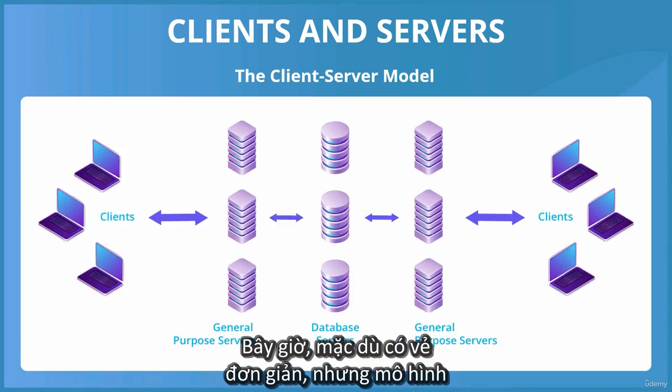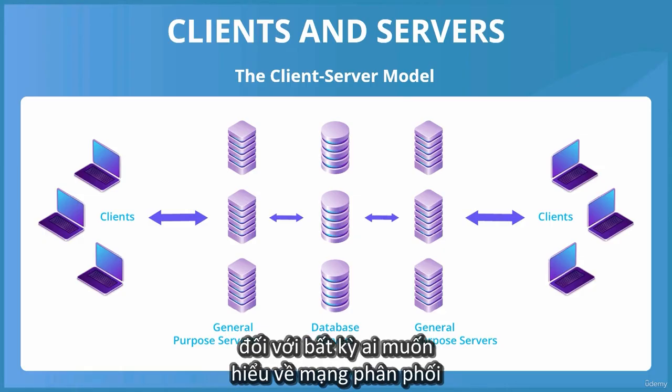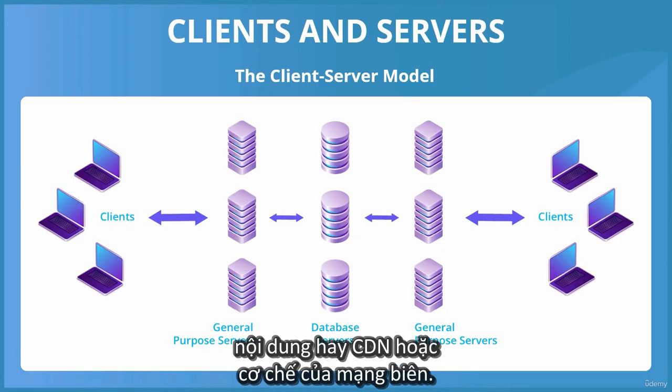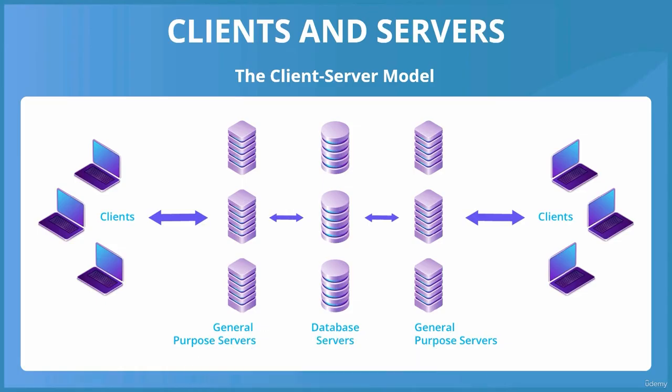Now, although it may seem simple, this client-server model is widely applicable and relevant to anyone seeking to understand content delivery networks, or CDNs, or the mechanics of edge networking. As server capabilities move closer to the network edge, the client-server process is physically closer to end users.